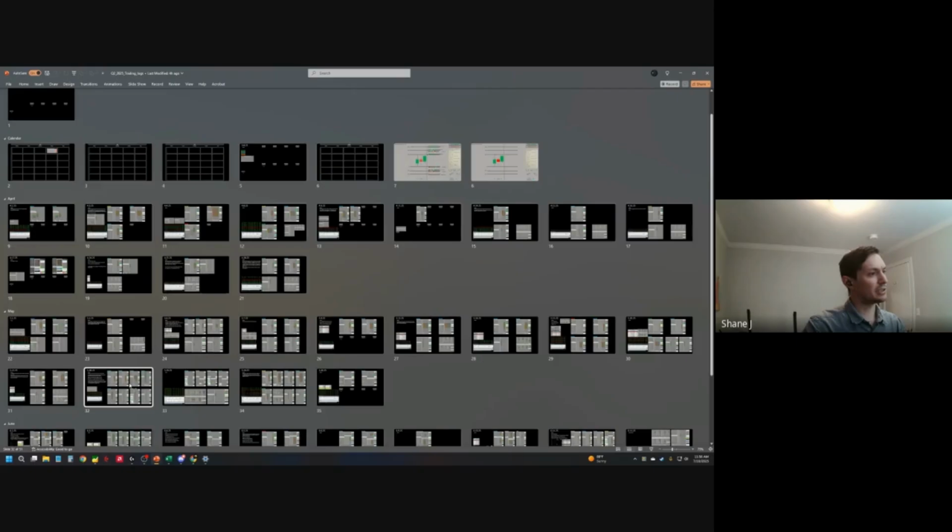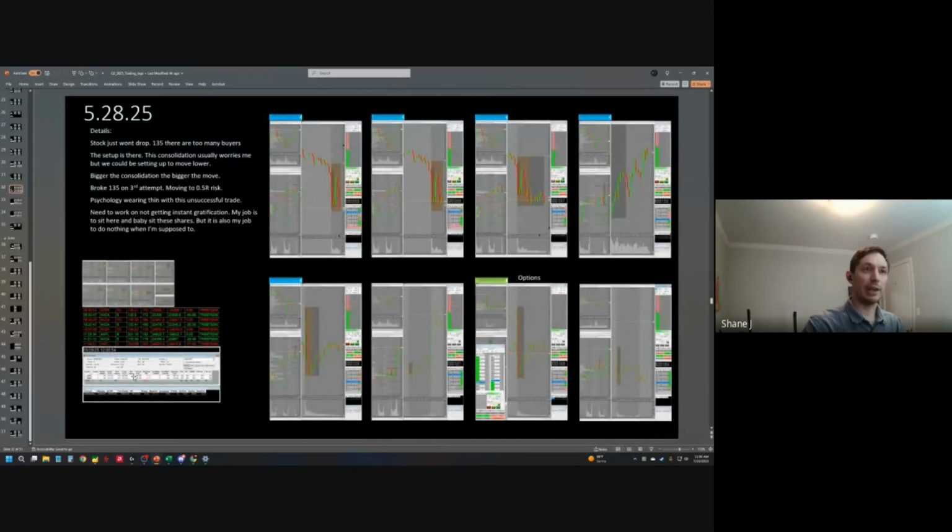What is this? What is this madness? It looks like I took like 6, 7 trades today. And I have all this, stock just won't drop. Yeah, you can see emotion in my notes. Setup is there. This consolidation usually worries me, but we are setting up to move lower. Bigger the consolidation, the bigger the move. Like affirmations that I know this is what my setup looks like and this is what I expect.